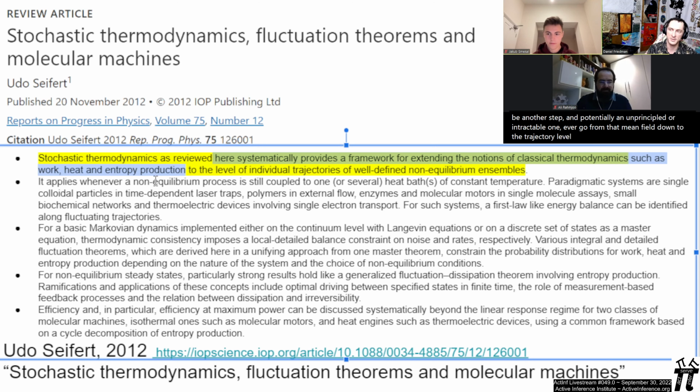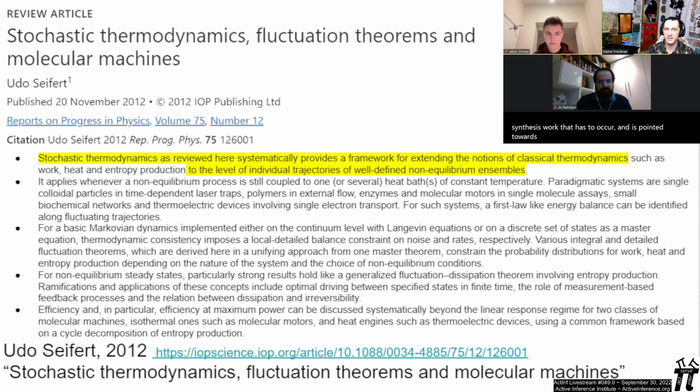And so the kind of synthesis work that has to occur and is pointed towards here is to understand how a special case or a bridging formalism can connect this kind of mean field population scale summary statistic aggregate world to individual trajectories of well-defined non-equilibrium ensembles. Anything else to add on this paper?